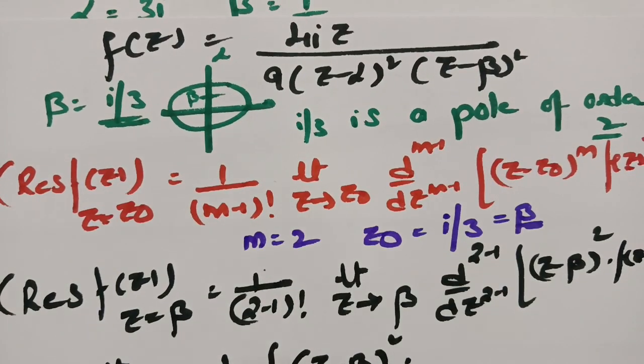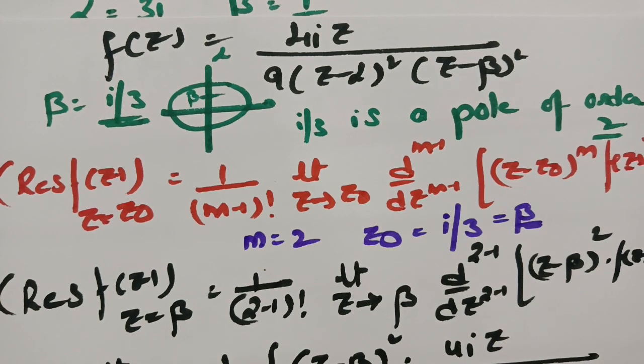What is our f of z value? It is 4iz by 9 times z minus alpha whole square into z minus beta whole square.